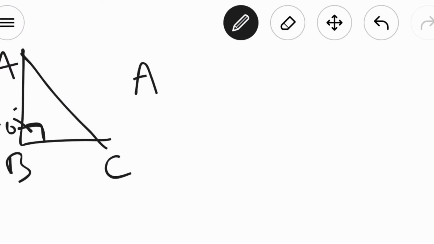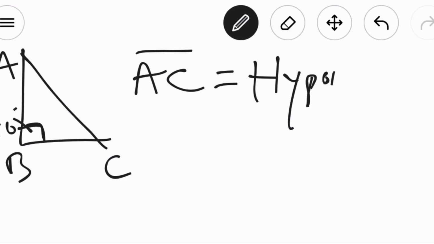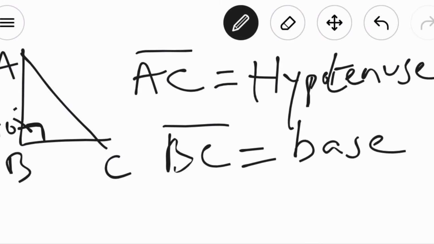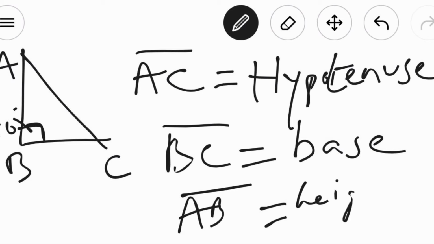AC, which is a line segment, we call the hypotenuse. BC we call the base, and AB we call the height, or perpendicular height, since it has a 90-degree angle standing with it.